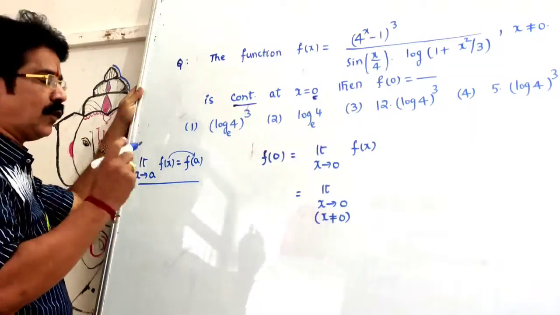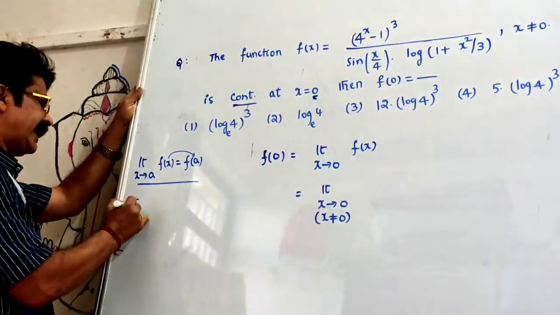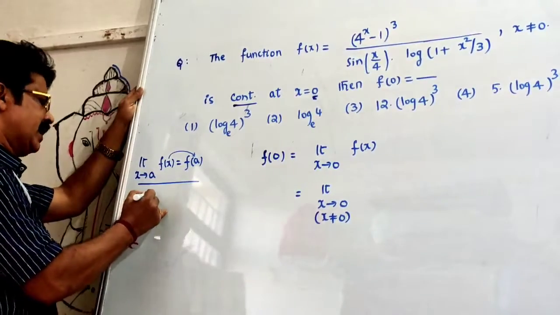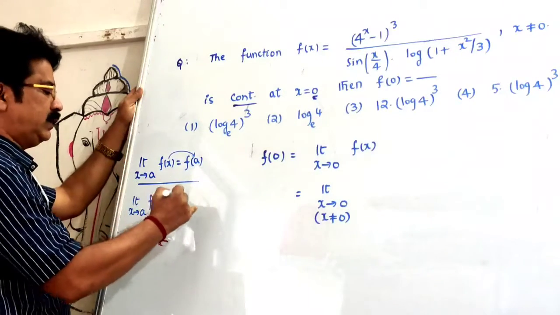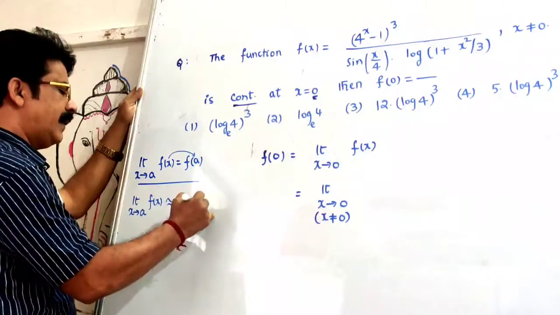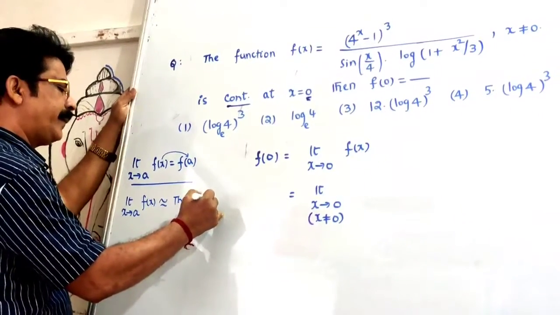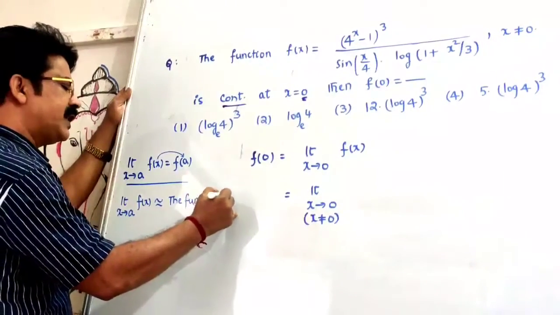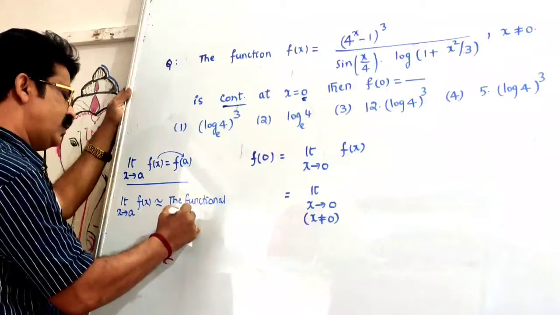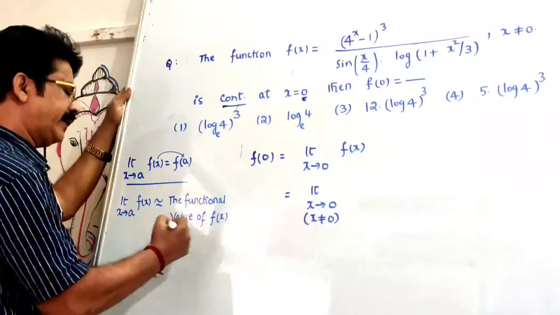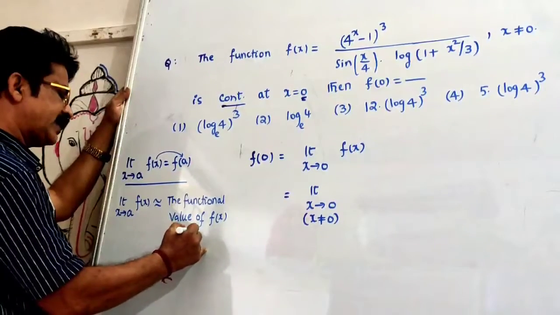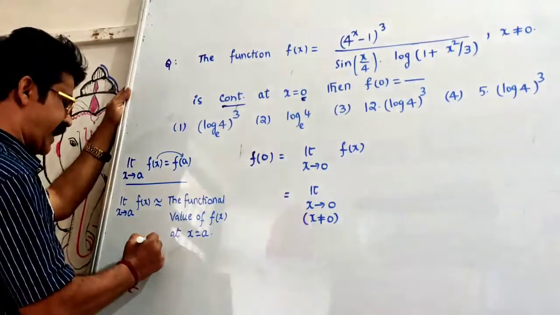It is in the sense of limit x tends to a f of x approximately equal to the functional value of f of x at x equal to a.